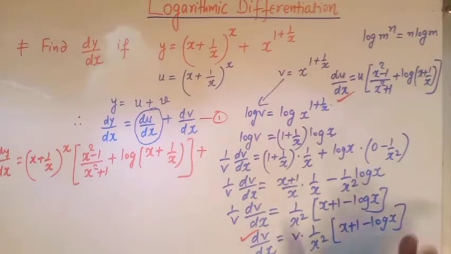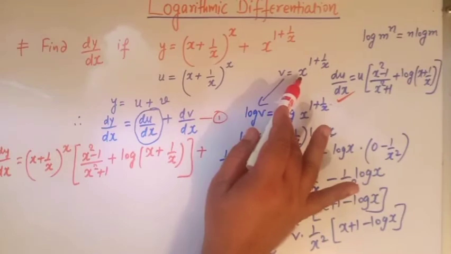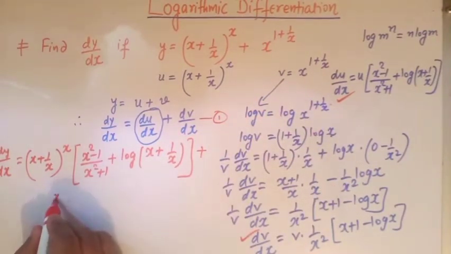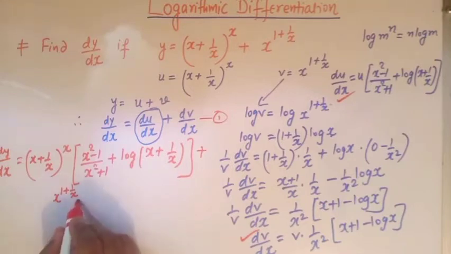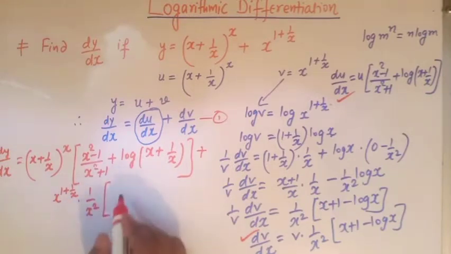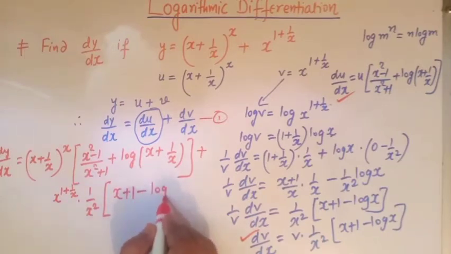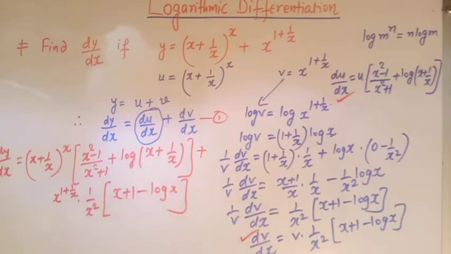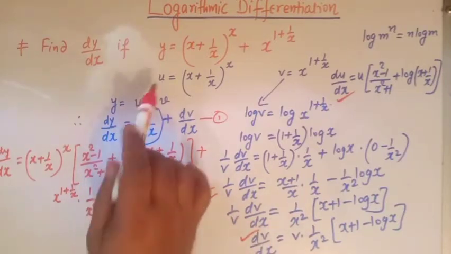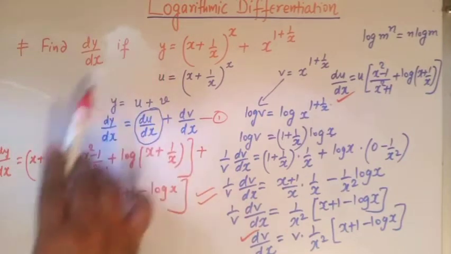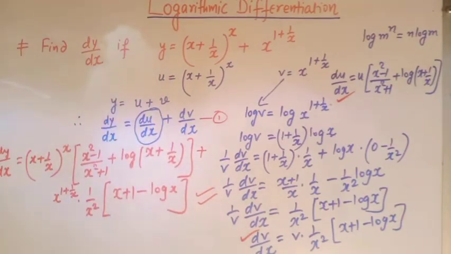So for v we'll write this expression. So this is x raised to 1 plus 1 over x times 1 over x square, and then we have x plus 1 minus log x, right? So this is the required derivative of y with respect to x. Clear?